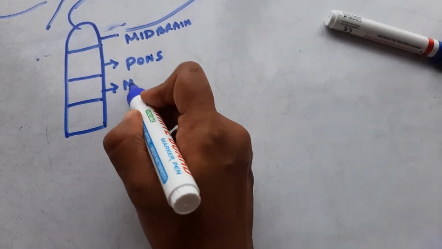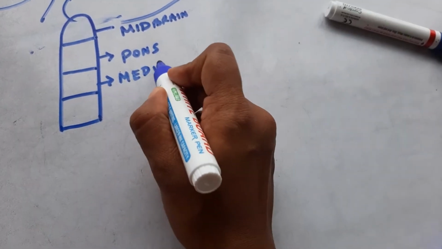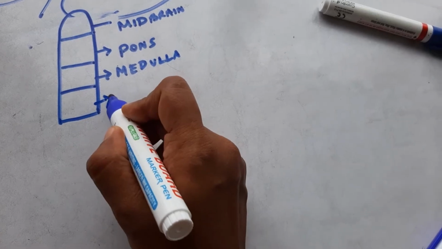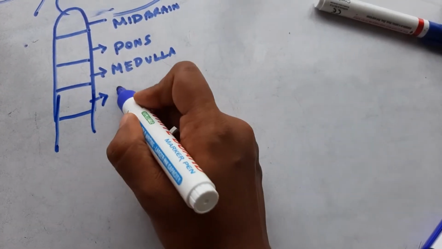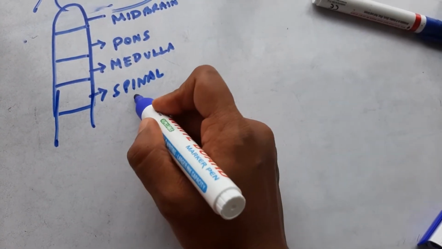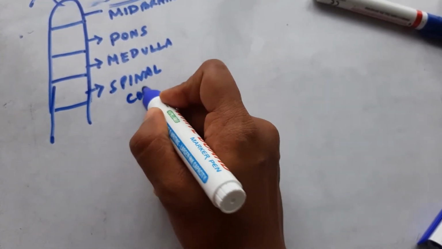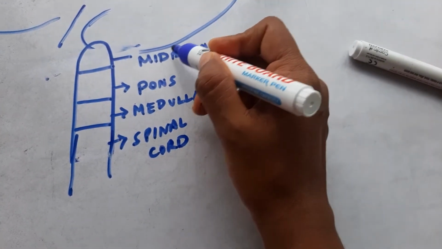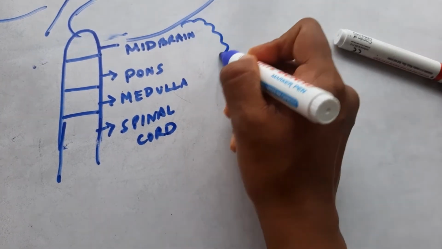This is the medulla oblongata. And here comes the spinal cord that descends down from the medulla oblongata. So this is the brain stem, and here there is the cerebellum.